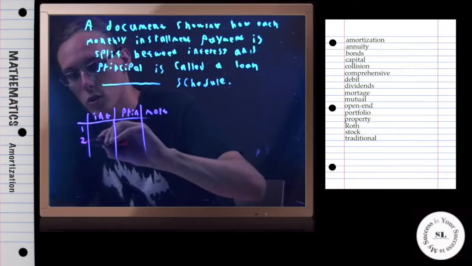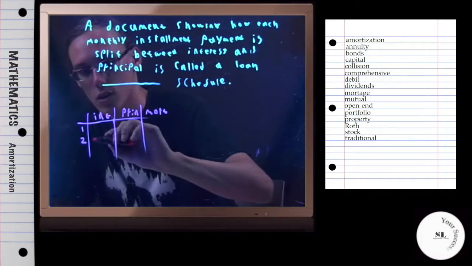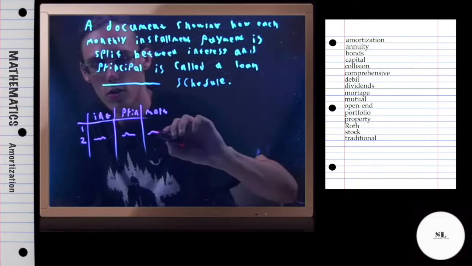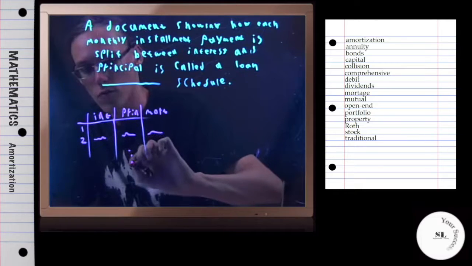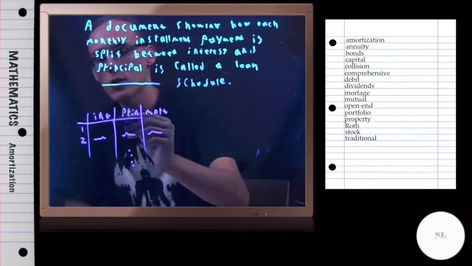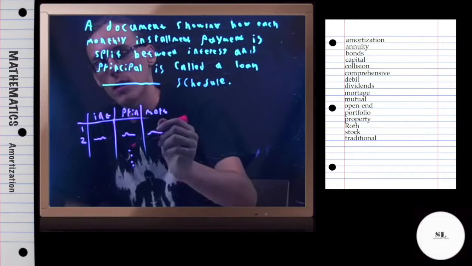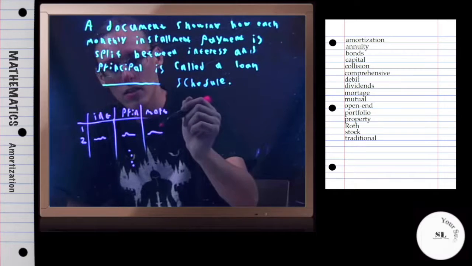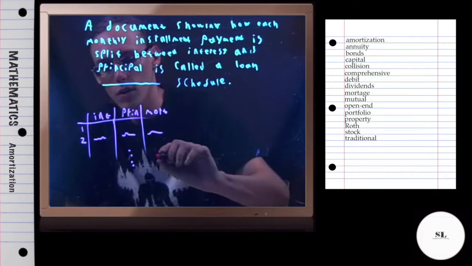And then for month 2, the amount of the mortgage here accrues some new interest, some amount of your payment goes towards principal, and the mortgage goes down a little bit, and so on and so forth. And what happens is the amount you pay towards interest gradually goes down, the amount you pay towards principal gradually grows up, and eventually the mortgage reaches $0.